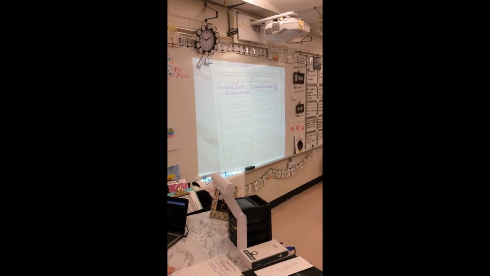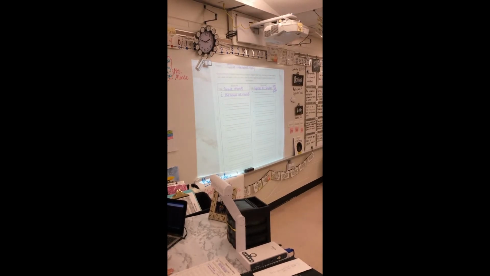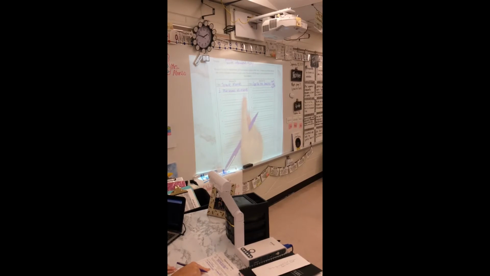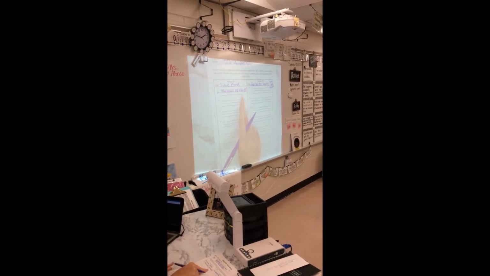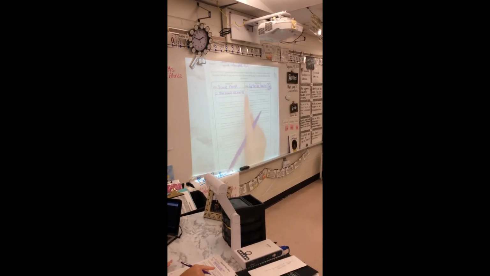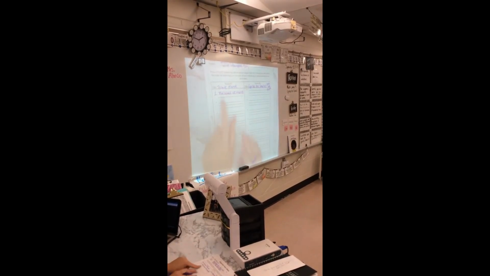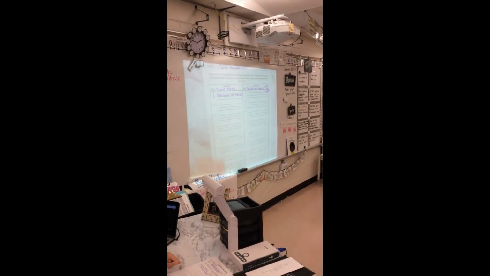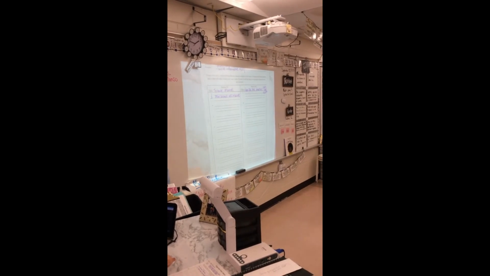So not the whole sentence. We don't need to copy the whole sentence. We just need to write a few key words telling us about that sentence. The sentence said, other animals in these areas use termite mounds too. So basically, I just took a few of the words from that sentence and wrote it here, and that gives me enough information about the sentence. You with me? Okay.